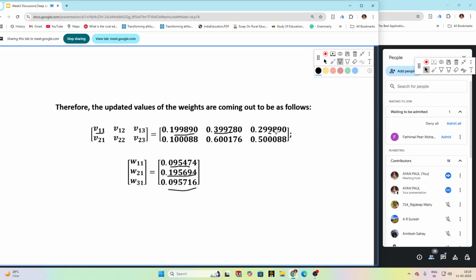Similarly for V12, V13, V21, V22 and V23. So that is how we have updated all the weights in the first iteration.